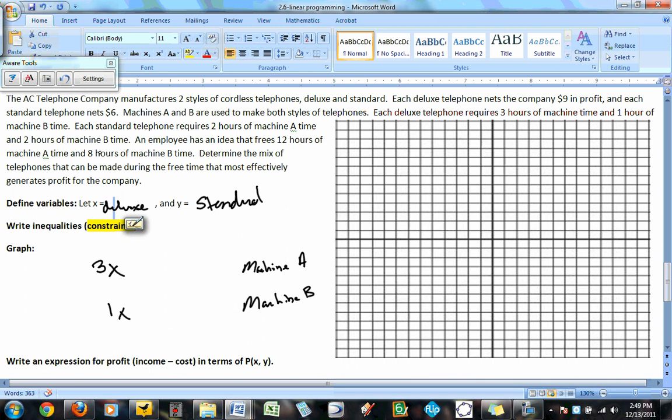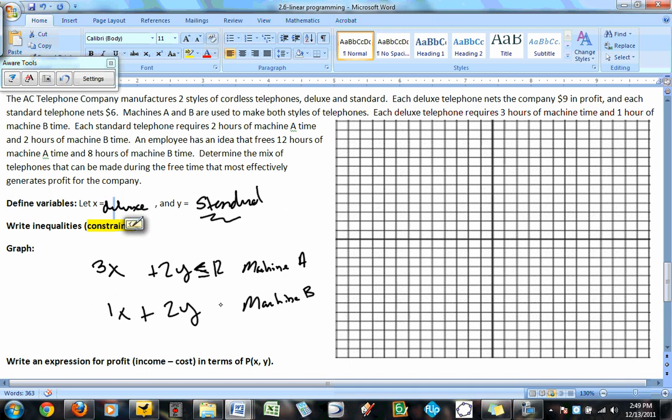Then it says each standard phone requires 2 hours of machine A time, so plus 2 hours of machine A, so standard is Y, so 2Y. And it requires 2 hours of machine B time, so 2Y there. An employee has an idea that frees up 12 hours of machine A time, so this should be 12 hours or less than or equal to 12 hours.